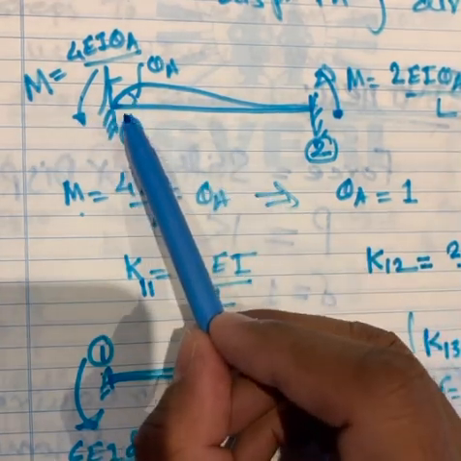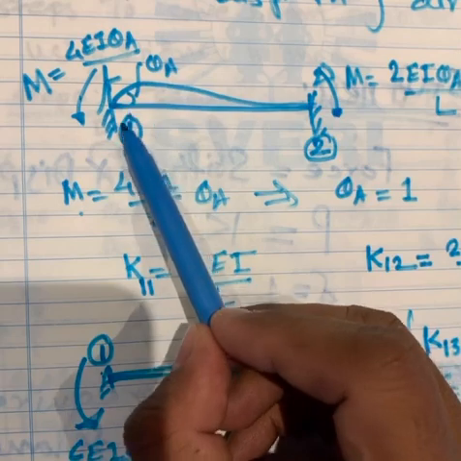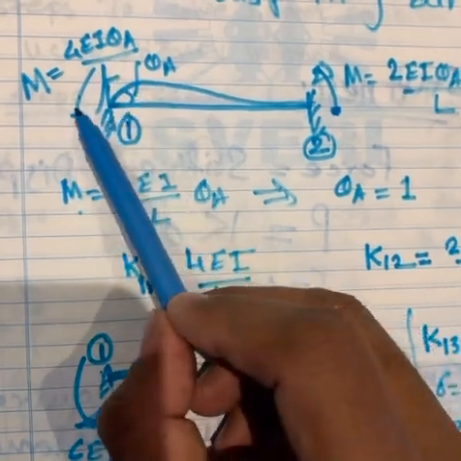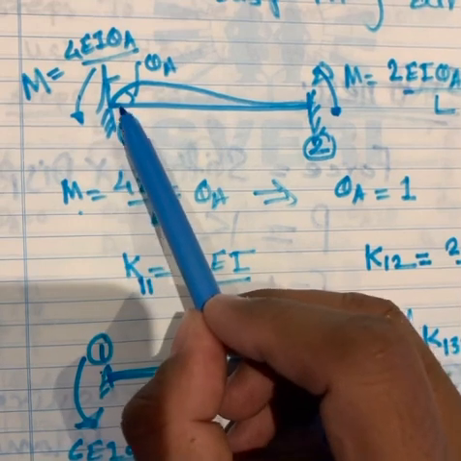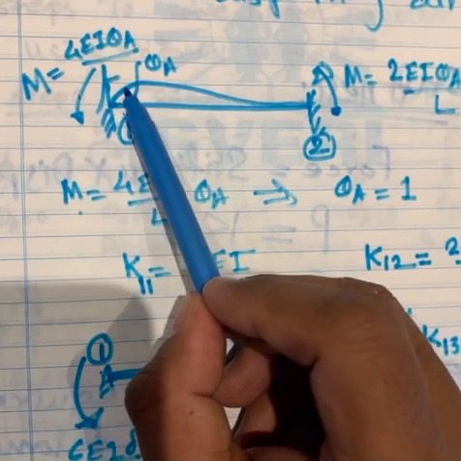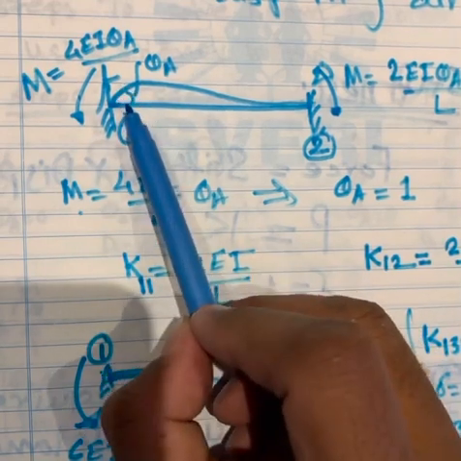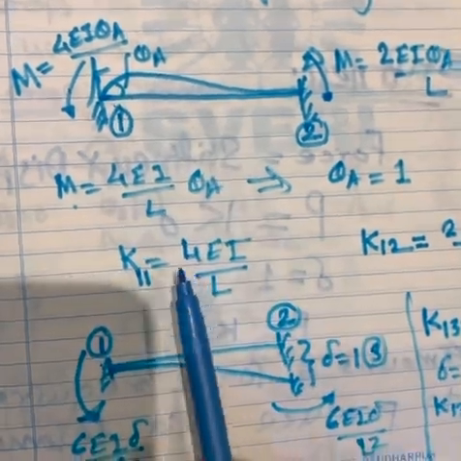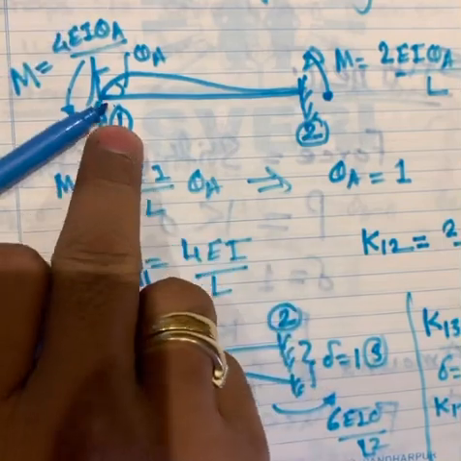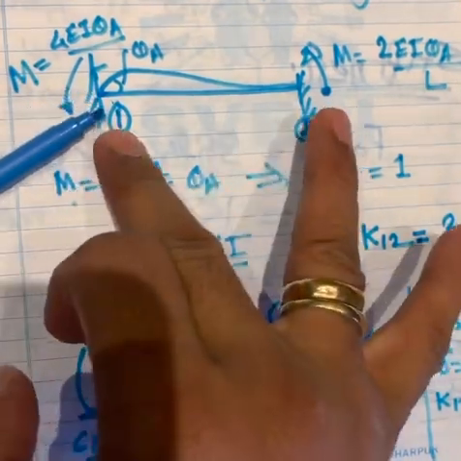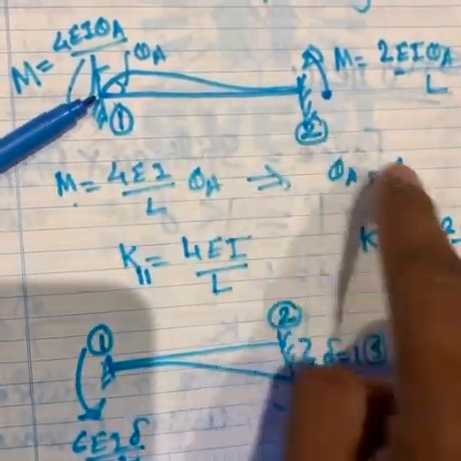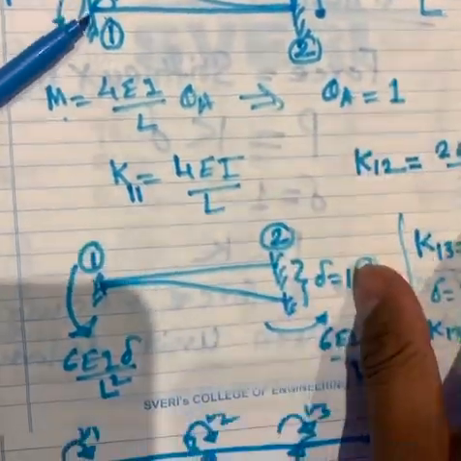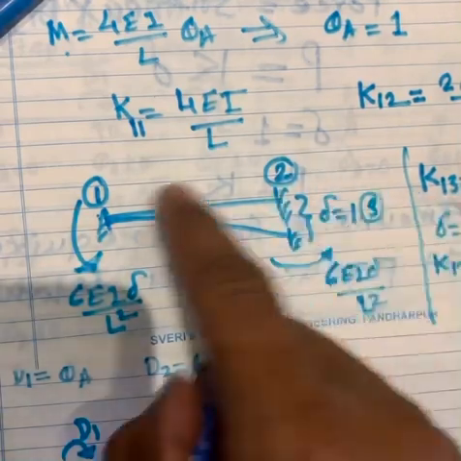If I am giving unit rotation at a point and measuring stiffness at the same point, then it will be 4EI by L. But if I am giving unit rotation at one end and calculating stiffness at the other end, then it will become 2EI by L. It's just these two simple formulas.